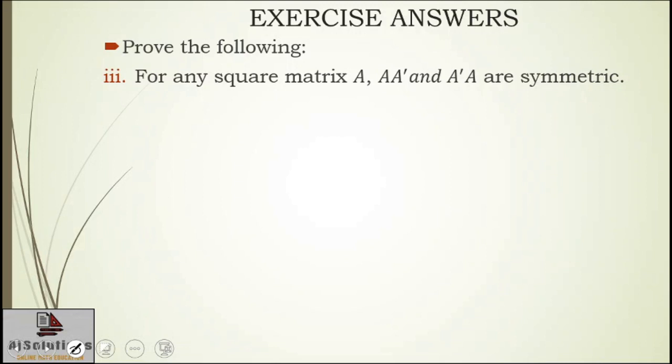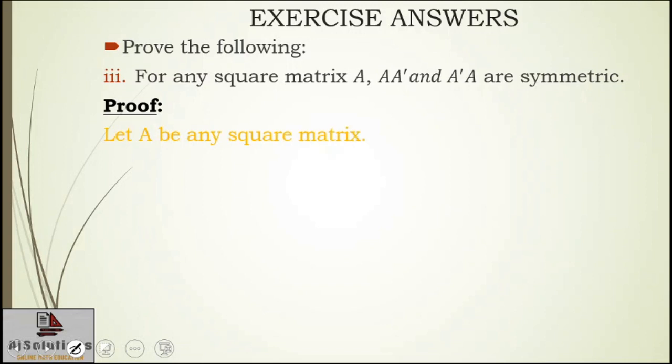So I suggest you all pause the video and prove this statement on your own. I hope you all must have got the proof. So let's see the proof of this.